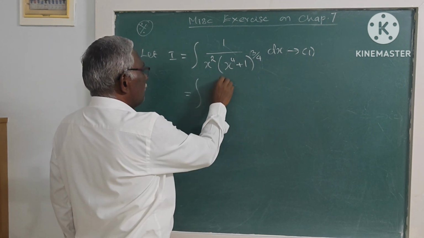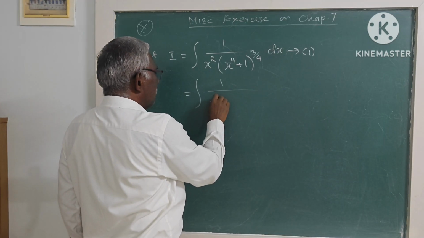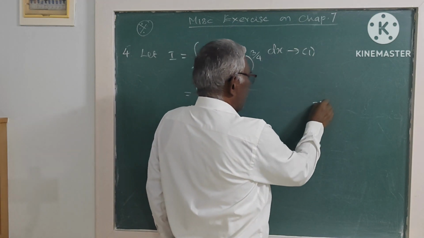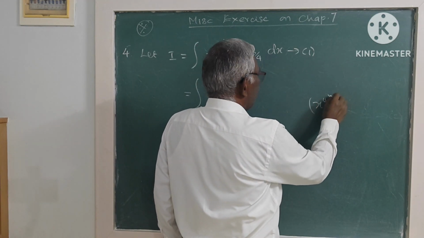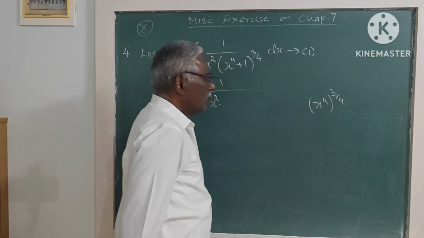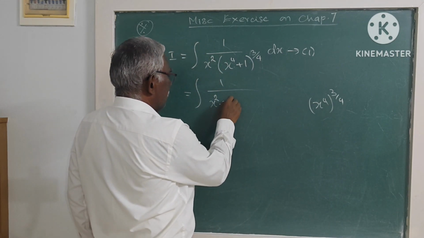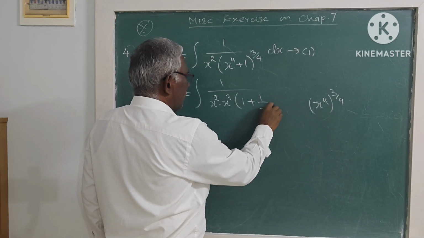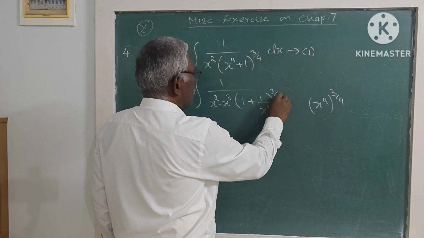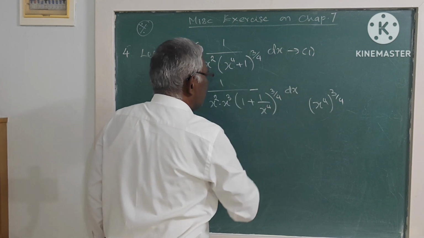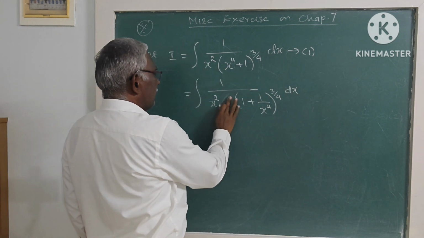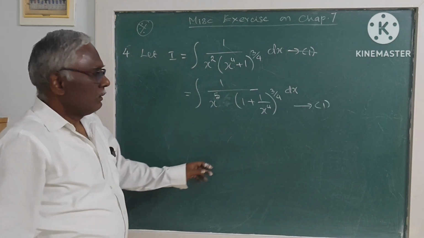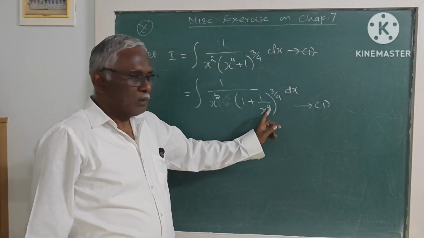So this will be 1 by x square into, when you take x power 4 outside the bracket, x power 4 power 3 by 4 will become x cube, into (1 plus 1 by x power 4) power 3 by 4 dx. So this will become x power 5.